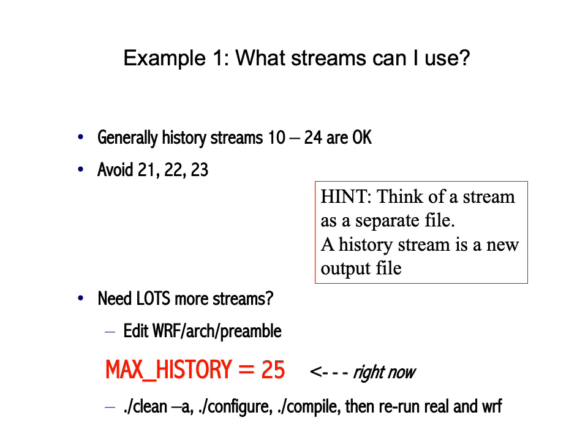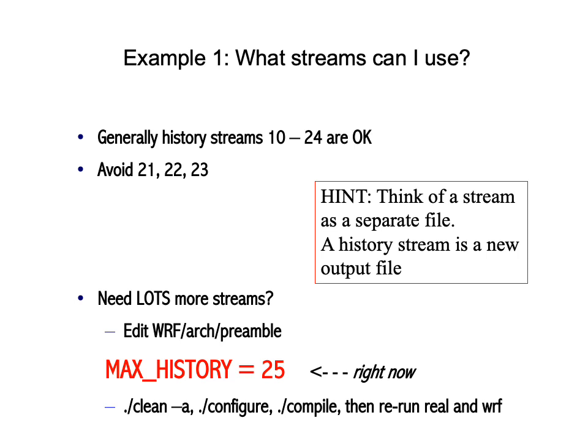So if we are able to output streams or input streams, what streams are we able to use? We said anything between 0 and 24 are available, but a number of streams are spoken for. So typically, streams 10 through 24 are okay.